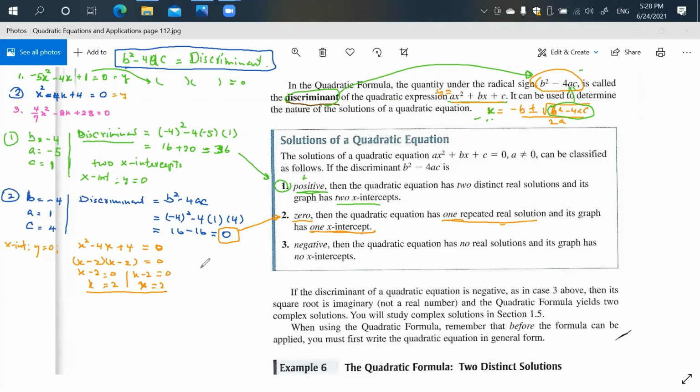When you plot the graph, x equals 2, so the 2 of them are going to be about here, both at the same point. So they have 2 answers, but they meet at the same point. In the first one, they have 2 x-intercepts, not the same.